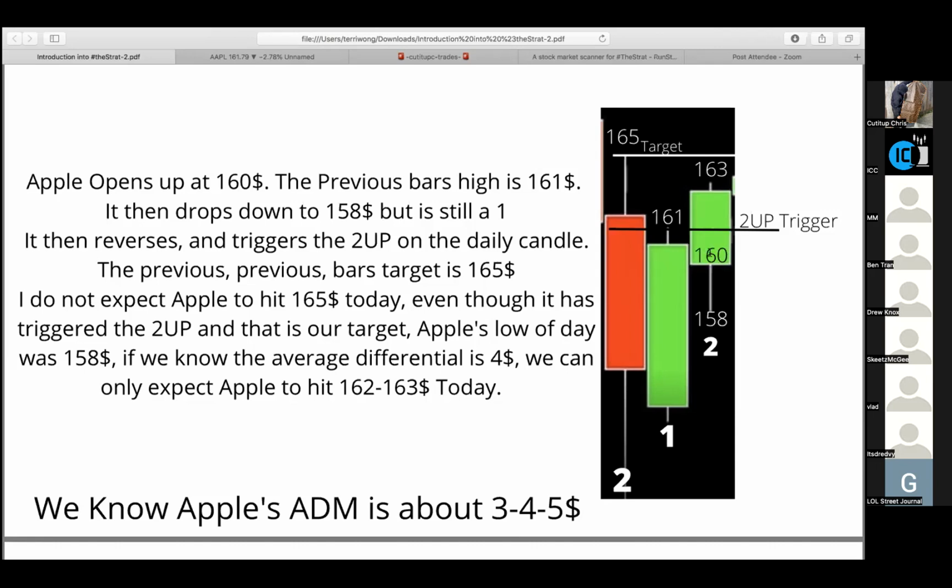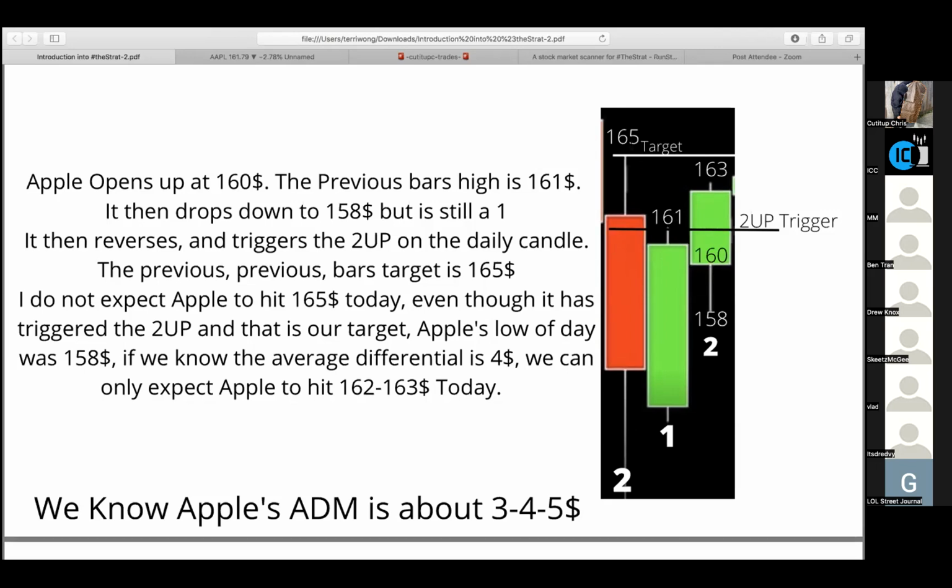All right, so you open at 160. The candle before it, its high is 161, so we're still an inside bar. It drops down to 158, and this is still an inside bar. We end up triggering the 2 up after breaking 161.